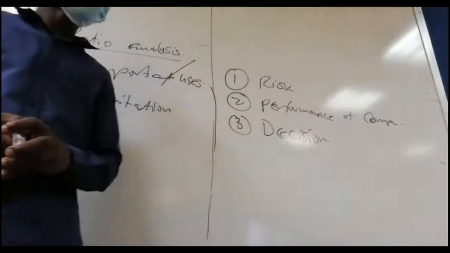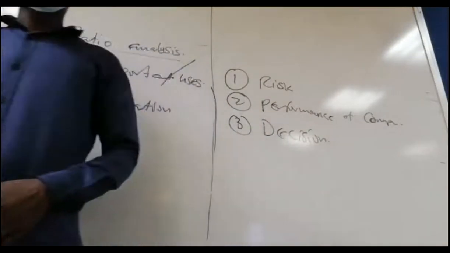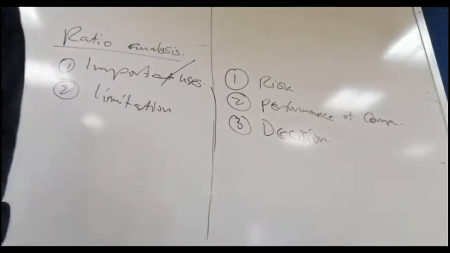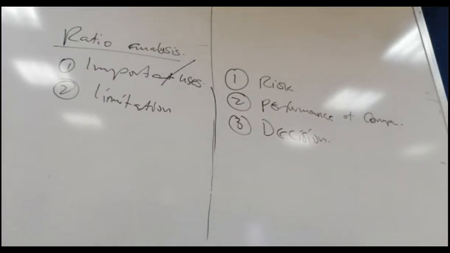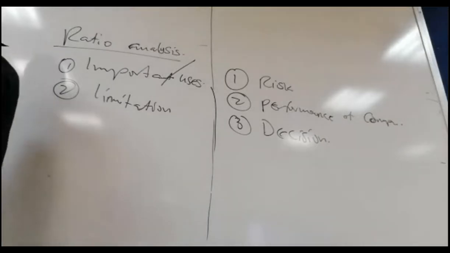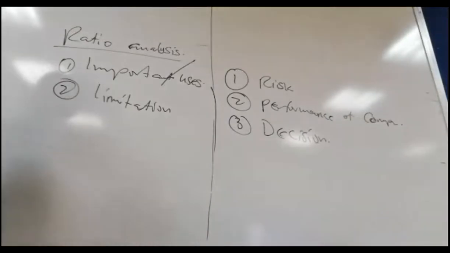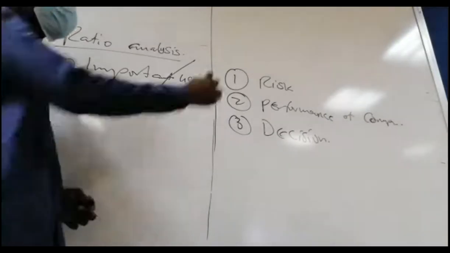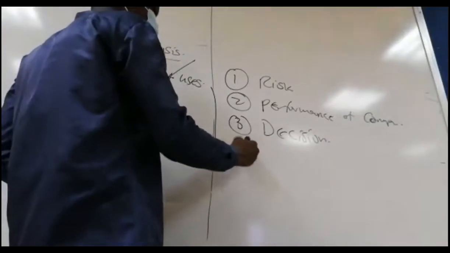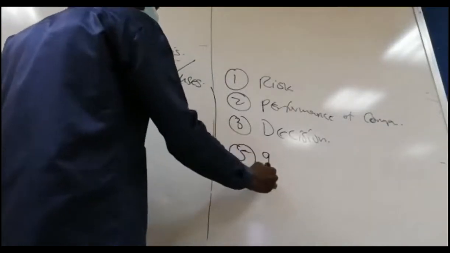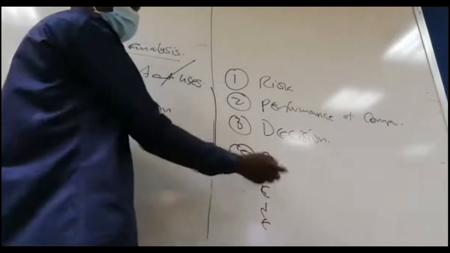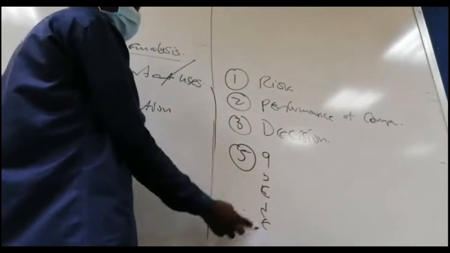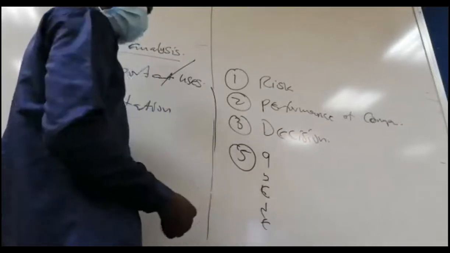So before a credit facility will be given to a customer, we probably use ratio to analyze that customer's liquidity position and solvency, so that we can base on it and grant the facility to that customer. Good. So aside from the main five that we know, that is profitability, liquidity, efficiency, gearing, and market position, these are the other importance that you can talk about.